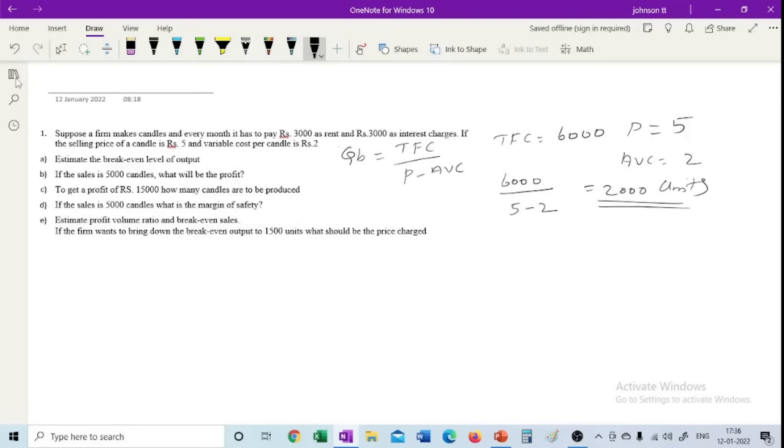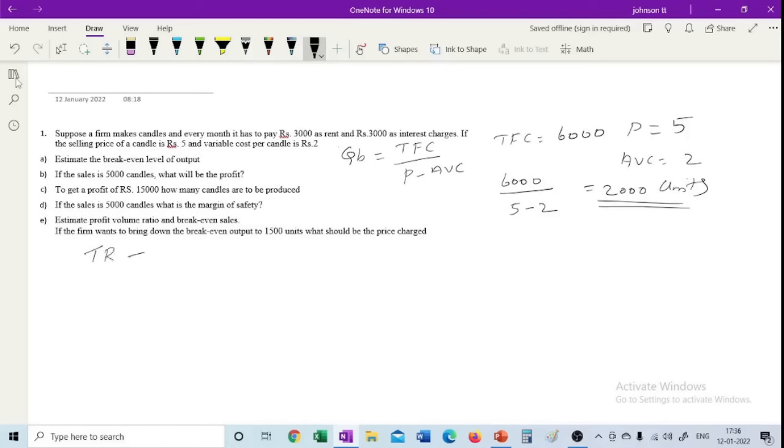Now next question is, if the sales is 5000 candles, what will be the profit? So for that, we know that profit is the difference between TR and TC.